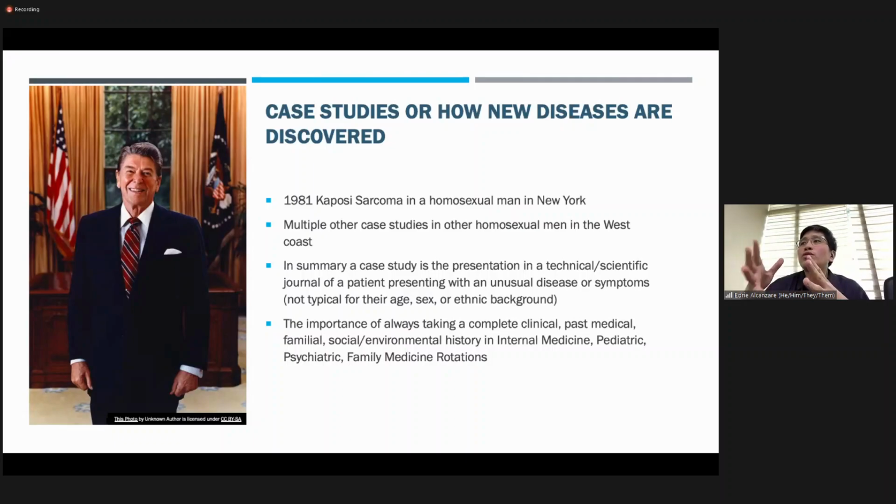Kaposi sarcoma usually targets people of a certain ethnicity, usually of a Jewish background, and it was unusual for it to happen in a healthy male. Usually, it's somebody with an existing problem with their immune system.